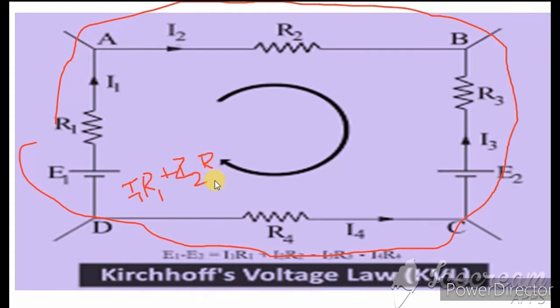Then come here. But when you see here, this is in the opposite direction. When the current is in the opposite direction, you will be writing as minus. So minus I3 into R3. Okay. Then again come here. This is also in the opposite direction, so we will be writing as minus.